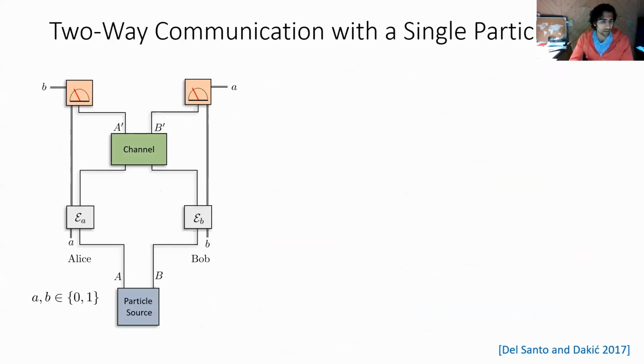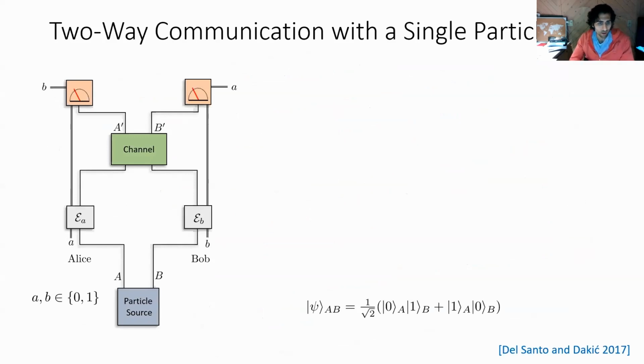So the idea is that you have Alice and Bob separated, and there's some particle source that's distributed to both of them. And A and B are their inputs. So just imagine they want to send 0, 1 information. Then they do some encoding on this particle that they receive. They send it through a channel, and then they make some measurement at the end.